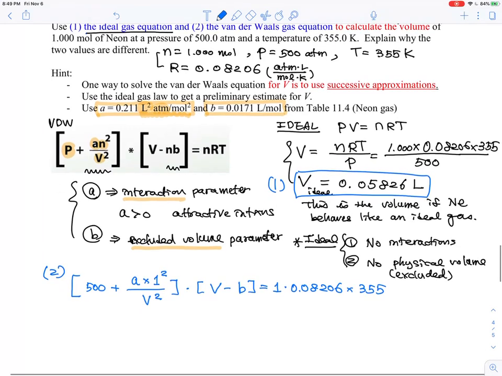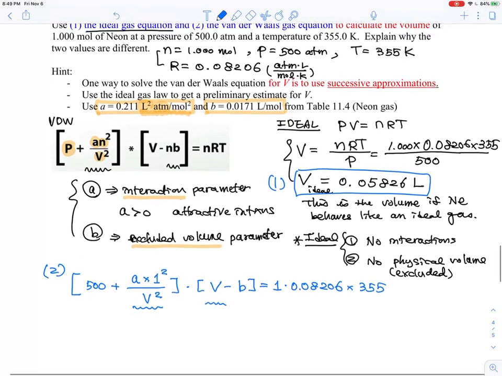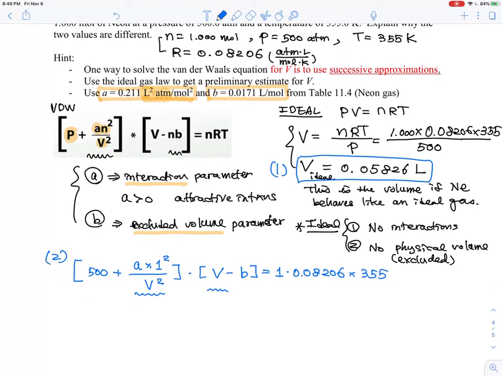Now you can see this equation becomes a little more complicated to solve. I need to solve the equation to find the value of V.